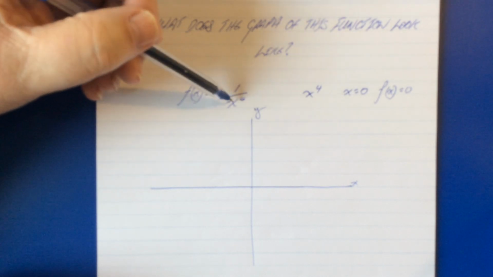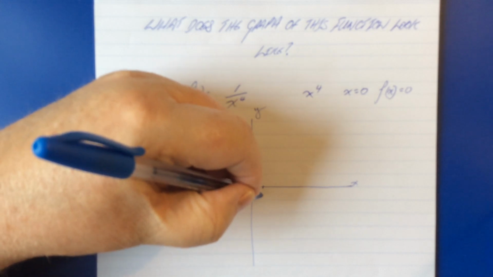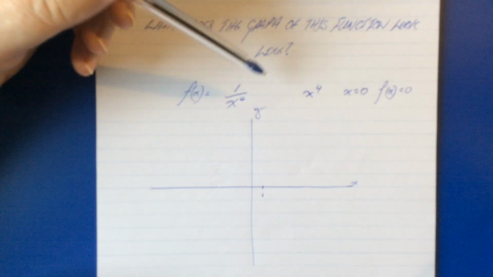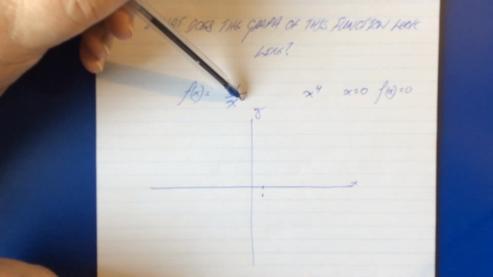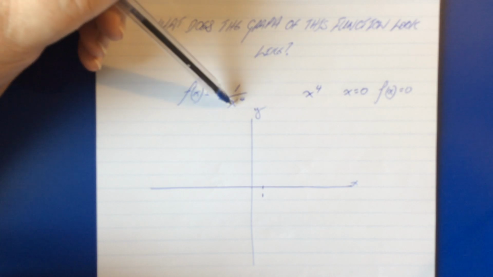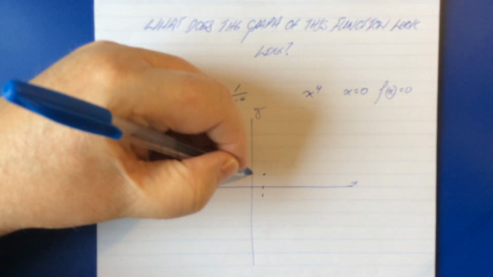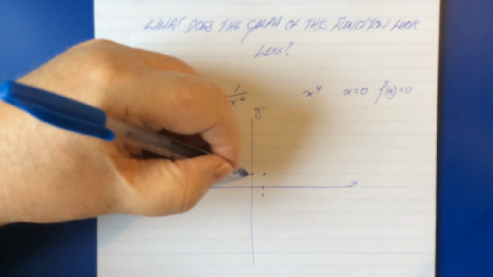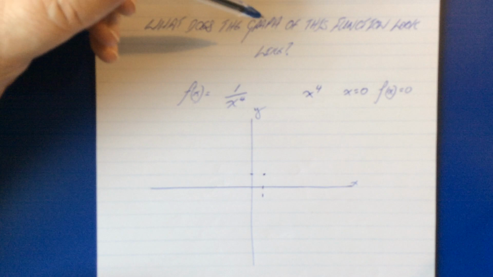So let's try 1. Okay, so we'll call that 1, and we will raise x to the power of 4. So 1 to the power of 4 is 1. 1 over 1 is 1. So let's mark that there. And we'll also call that 1.